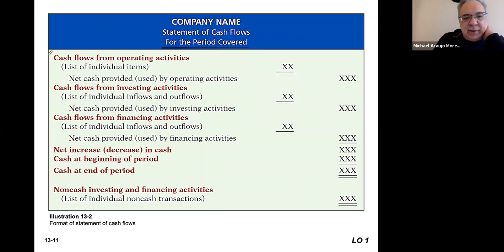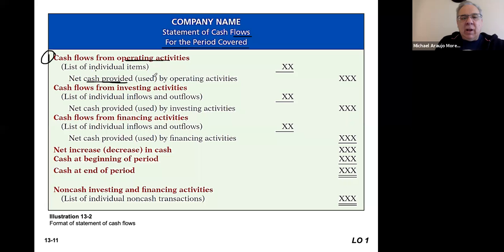As I said, the very first part, you'll see the cash flow from the operating activities. All the operating activities will be listed here. Normally, operating activities provide cash. In other words, again, either cash flows in or out. For operating activities, you're going to see cash flowing in.